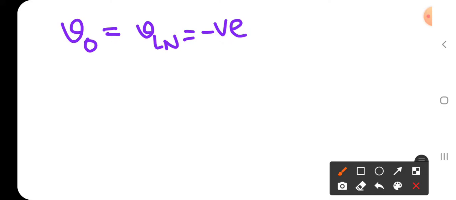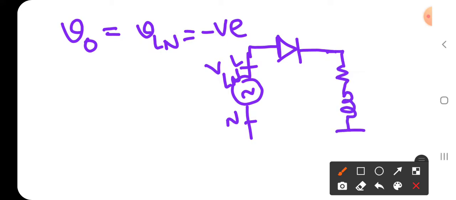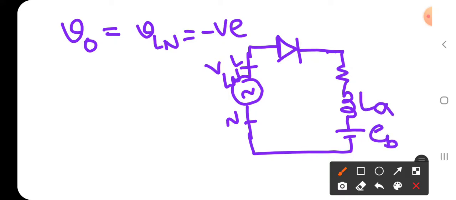So the circuit diagram is like this. This is VA, it is VLN, here this is L and here it is N, T1, motor, armature resistance, inductance, back EMF EB, this is LA, RA, and here we have one more SCR, T2.